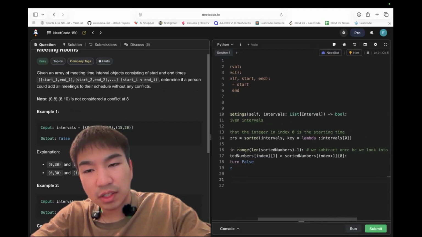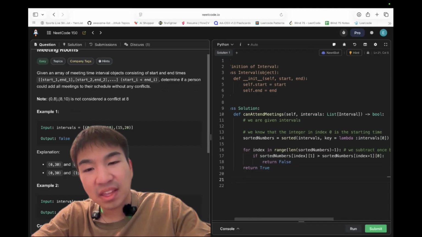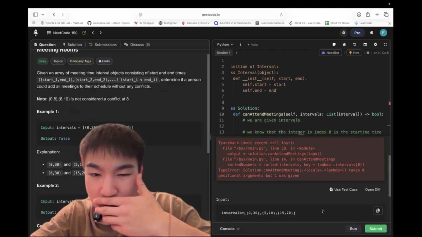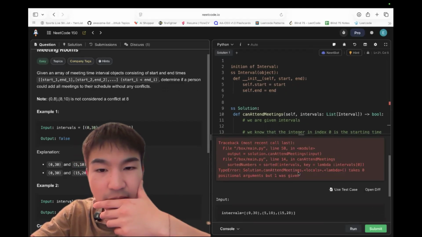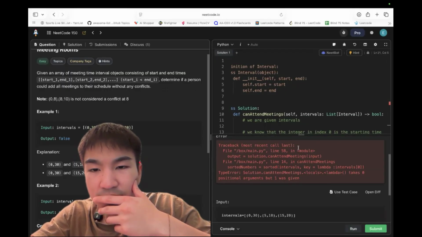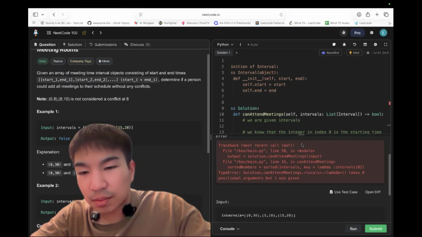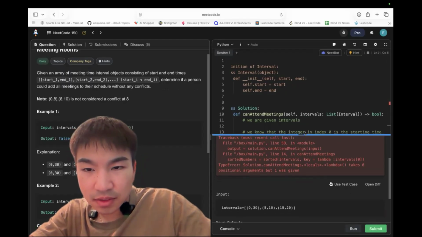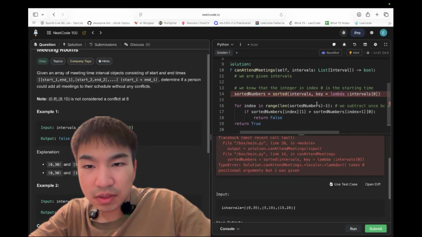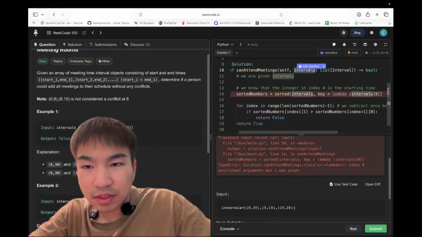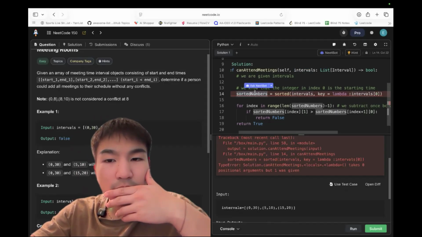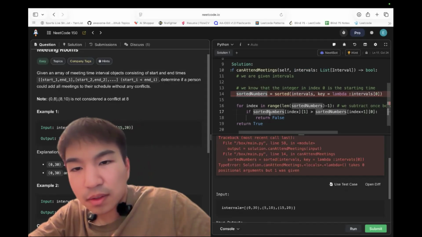Now all we have to do is run, and we ran into a problem. Takes zero positional arguments, but one was given. I had never seen this error before actually. Let's see what's glowing red. Sorted numbers is equal to sorted intervals. I don't see anything wrong here.